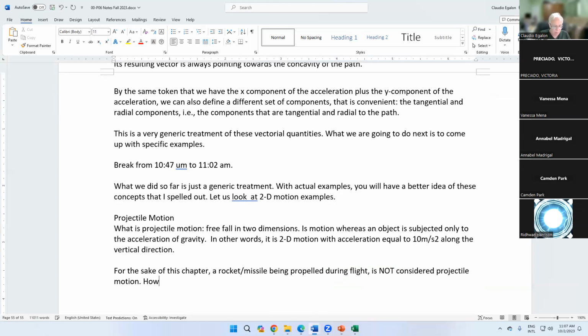However, when the missile runs out of fuel and air drag can be neglected, the missile becomes a projectile.